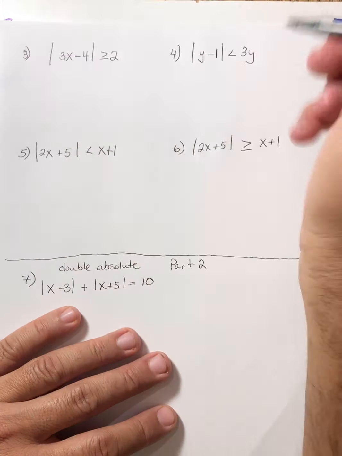So 3x minus 4 is greater than or equal to 2. And then to the left, it's negative. All right, so I'll add 4, and then I'll divide by positive 3. So 3x is greater than or equal to 6. I divide by a positive 3. So I have x is greater than or equal to 2.